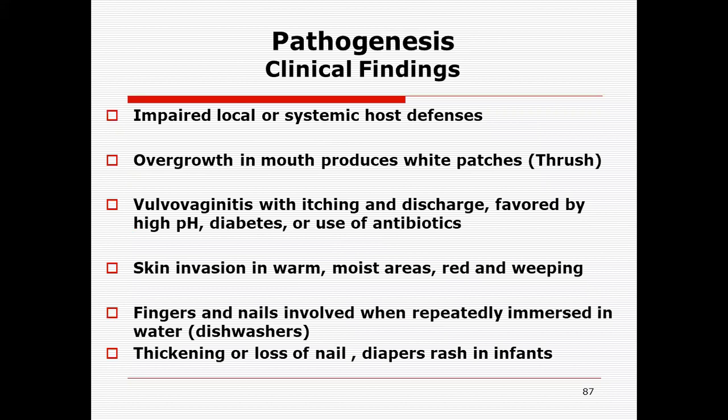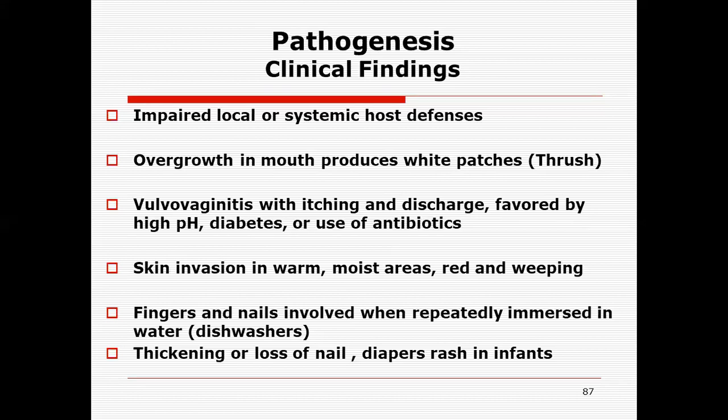Now, the first line of defense in case of Candida albicans infection is the intact skin and the mucous membrane. As you have seen, penetration of these two barriers provides the opportunity for the yeast cells to enter. So the first line of defense is the intact skin and the mucous membrane.